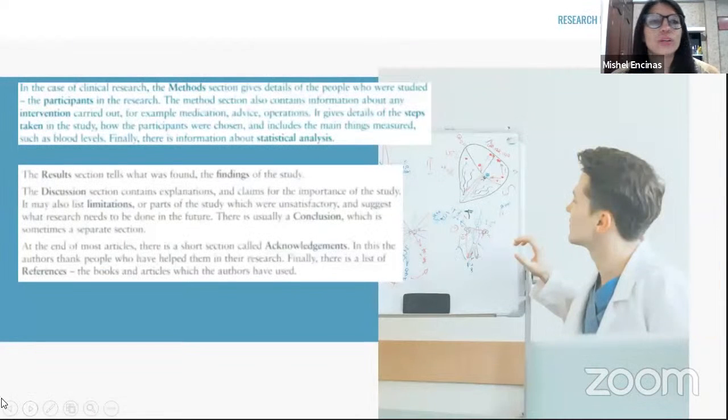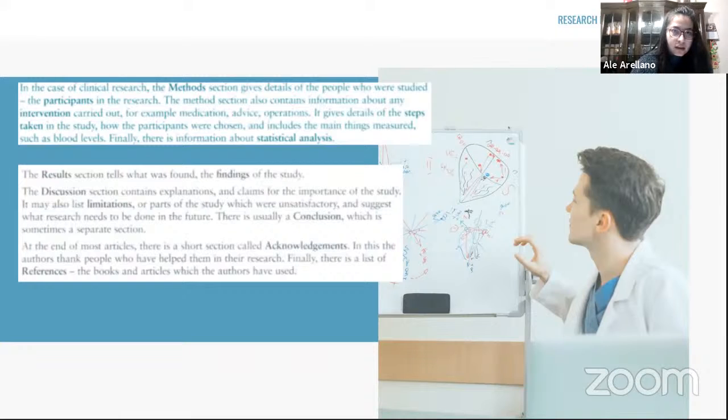Let's continue then. Okay, Ale, can you read the first paragraph? Yes, miss. In the case of clinical research, the methods section gives details of the people who were studied, the participants in the research. The method section also contains information about any intervention carried out, for example, medication, advice, operations.